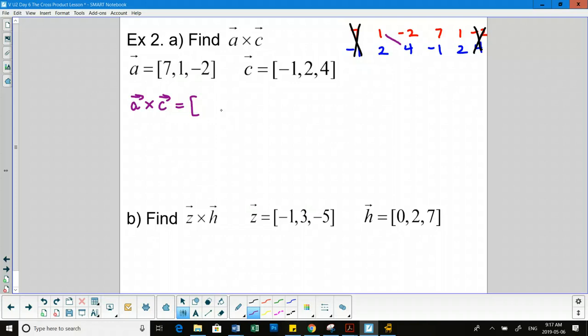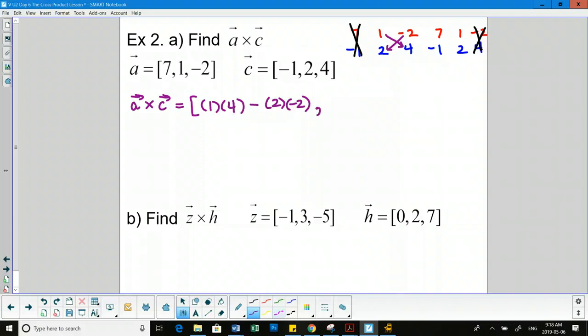I want everybody just looking up here for a second. I'll give you a second to copy it, but just watch while I do this, so you're following along. So going from the left to the right, 1 times 4, and then I will subtract going from the right to the left on the opposite diagonal. So I will subtract 2 times -2. That gives me the x component.